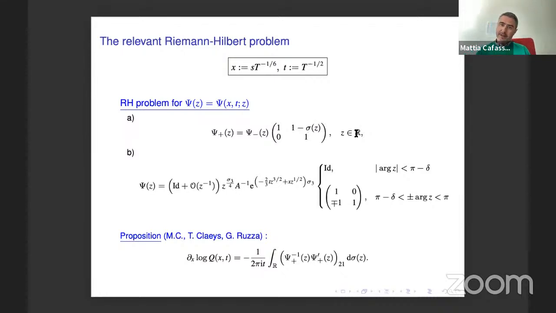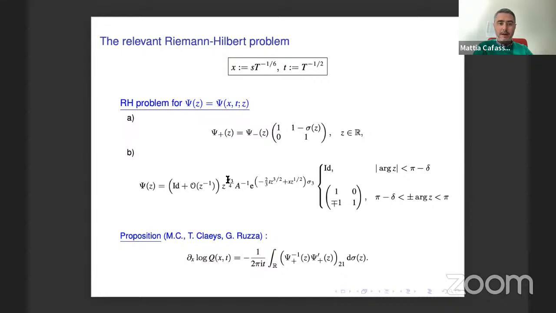And the price is that now you have that the asymptotic of the function psi at infinity is somehow complicated in the sense that at infinity you have, well, some factors that are not so bad.